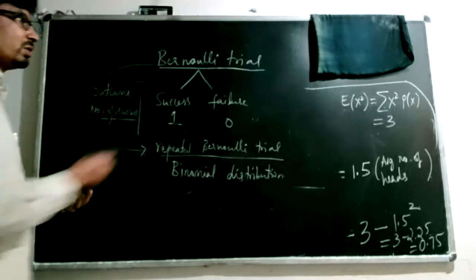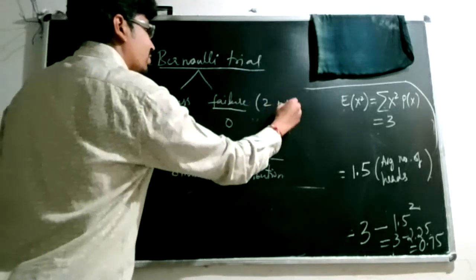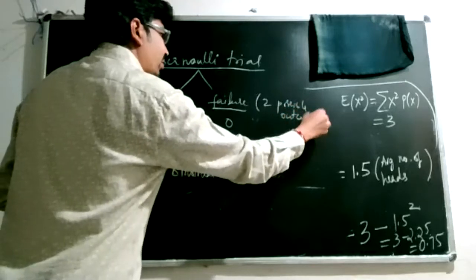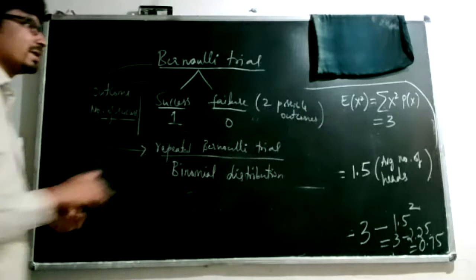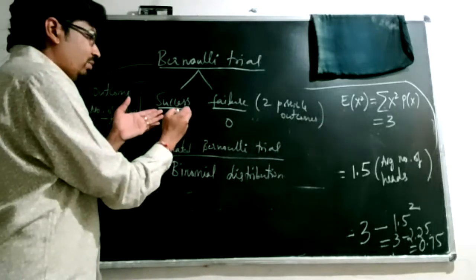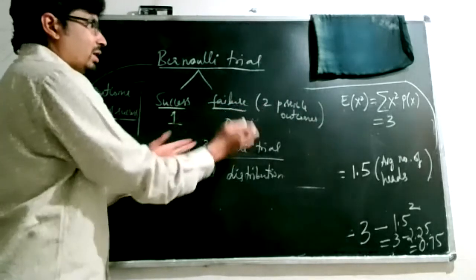Here we are talking about a random experiment which has only 2 possible outcomes, which you can clearly categorize as success and failure. Whatever may be the outcome, you define one outcome as success, the other outcome as failure.